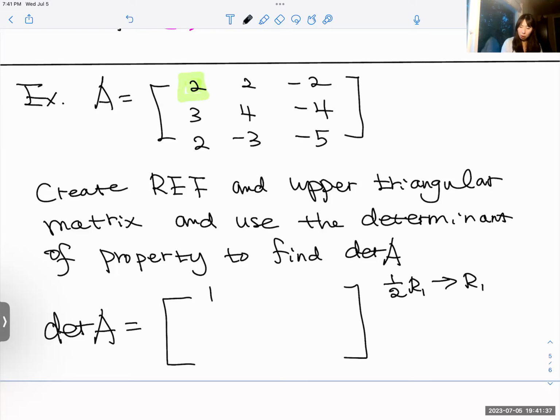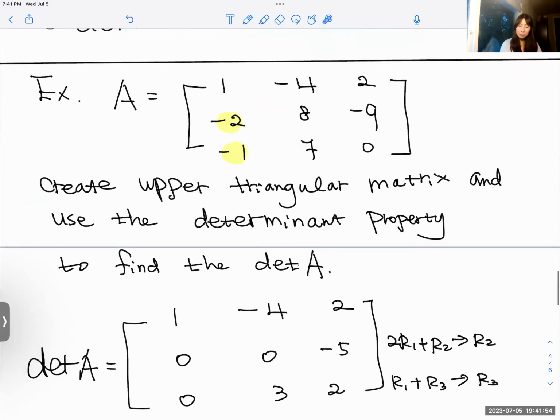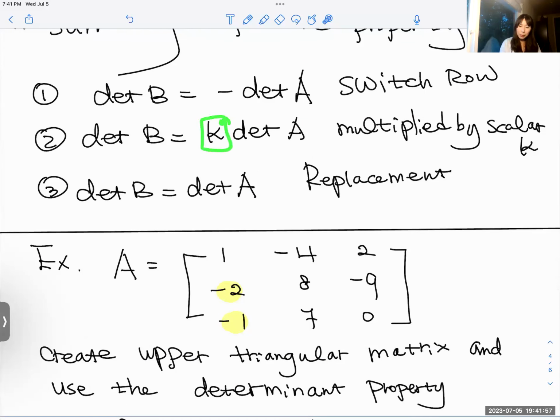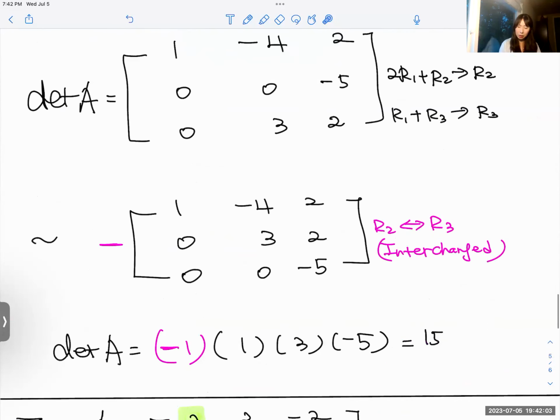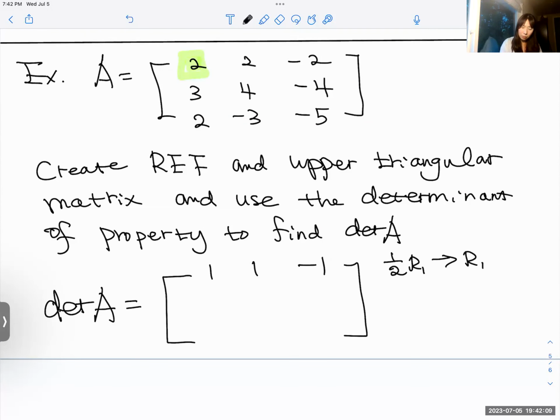So this here will be 1, 1, -1. So look, we do the row operation, right? But then when we use the determinant of a scalar, this will be k, so multiply by scalar. So we are going to write down 2 there instead of 1/2. Can you see that? This is a scalar multiple, then we get that, right?